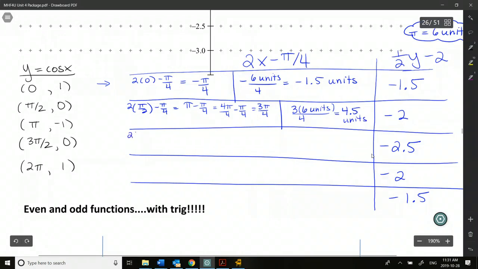Okay, let's keep plugging in here. 2 times pi minus pi over 4. And then we'll need to find a common denominator. So I think that will be 8 pi over 4 minus 1 pi over 4. That gives us 7 pi over 4. So 7 times 6 units over 4.